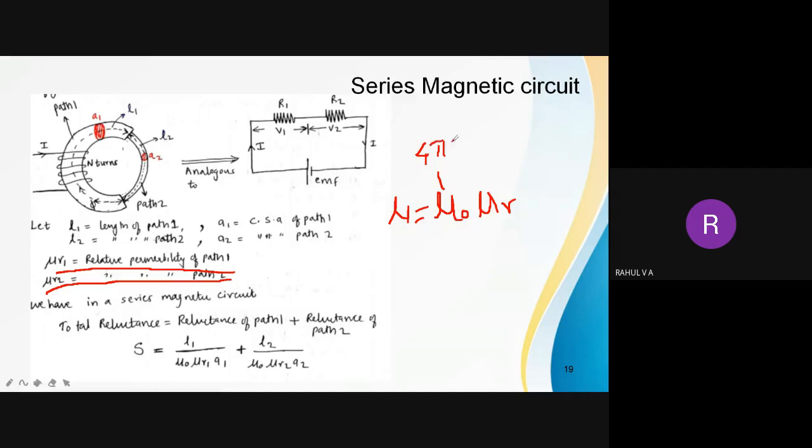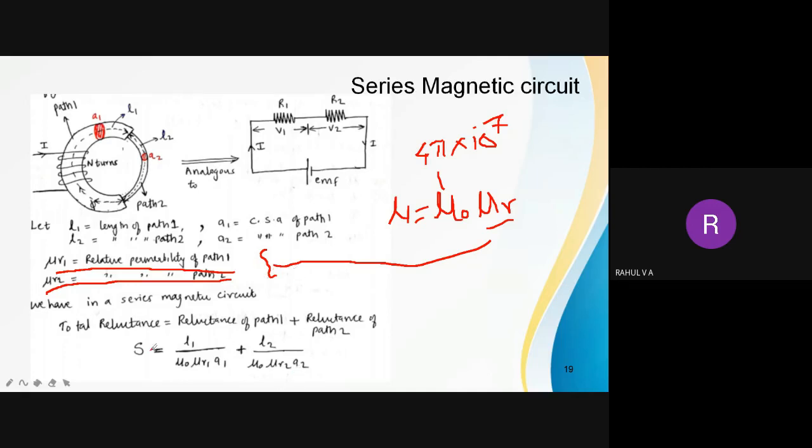We know that already. Actually, it is required for our numerical, 4 pi into 10 raised to minus 7. And mu r is the relative permeability. For each of these sections, the relative permeability is different. Mu R1 is the relative permeability of path 1, mu R2 is the relative permeability of path 2.